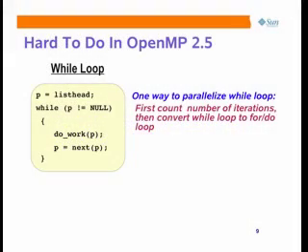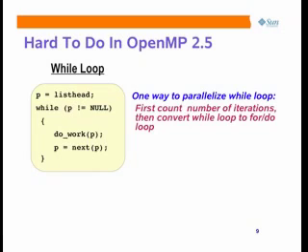Let me give you an example of the sort of things that were being tackled in specification 3.0. Here's an example of a while loop. As you can see, we have a pointer P that's used to traverse the elements of a linked list.